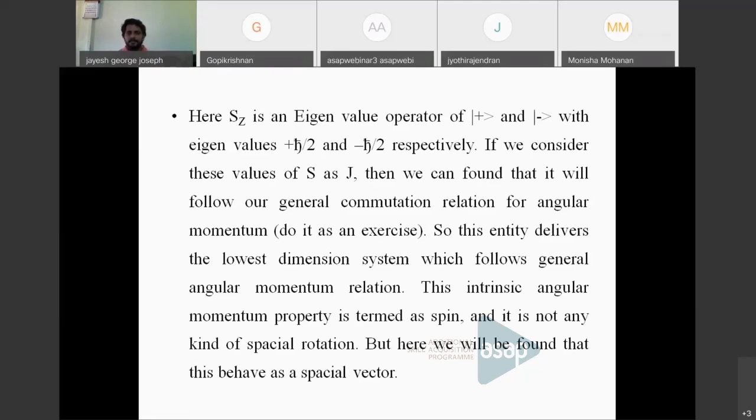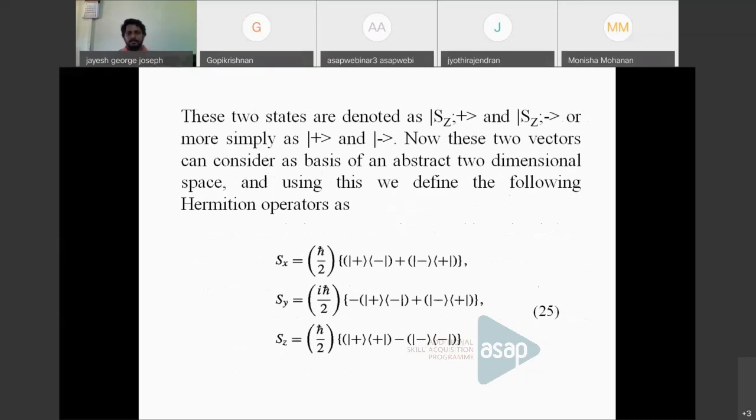So when we take some operators in this abstract 2-dimensional space, and these operators follow the general commutation relation of angular momentum, we term it angular momentum, and that is named spin. It is a spin, and it is nothing but a rotation in space.